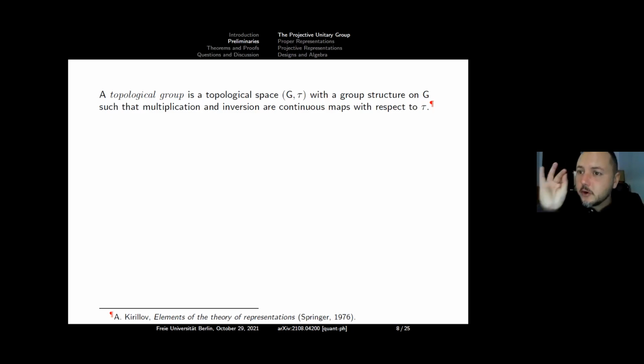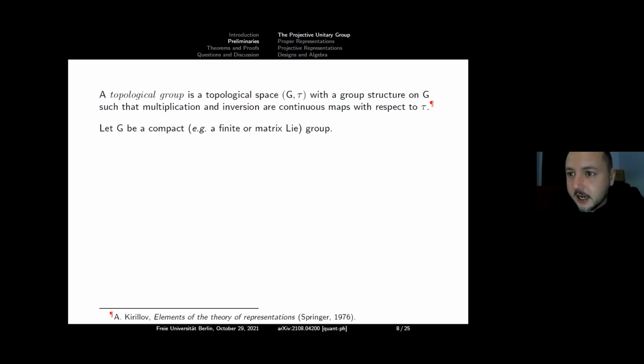So the group operation has to be a continuous function, and so does the operation that sends group elements to their inverse in the group. So that's a topological group. We're going to be considering compact groups. So in finite dimensional metric spaces, one knows via the Heine-Borel theorem that it suffices to show that a group is closed and bounded in order for it to be compact. Okay, so those are the types of topological groups that we're going to be considering.